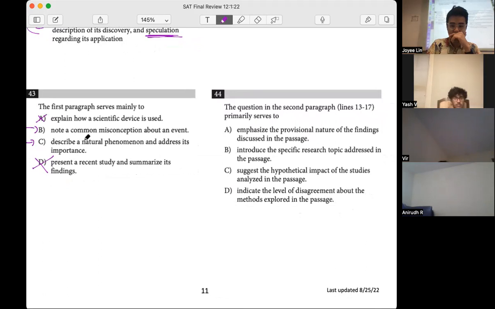Okay, any guesses on this 44? Provisional. It could be provisional, right? Provisional means like we're not yet certain. That's a good word. Any ones that you think it might not be? Yeah, C, right? We're not analyzing anything in the passage. D, probably not, right? Like, what kind of question would you even ask?